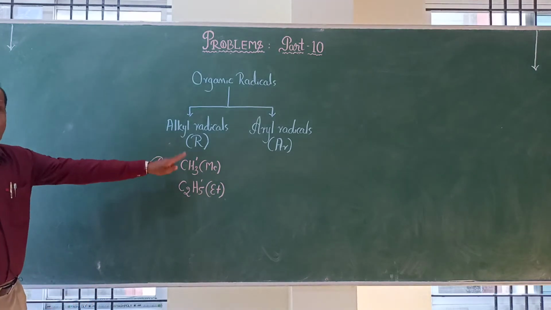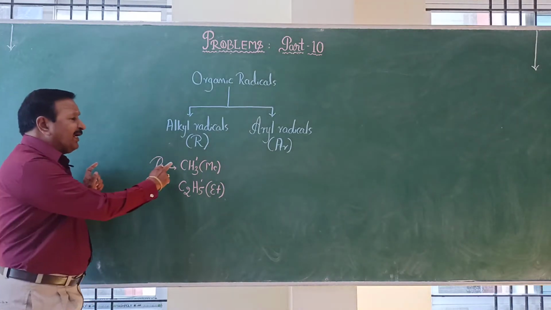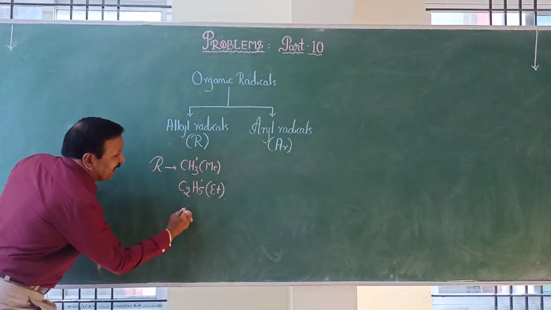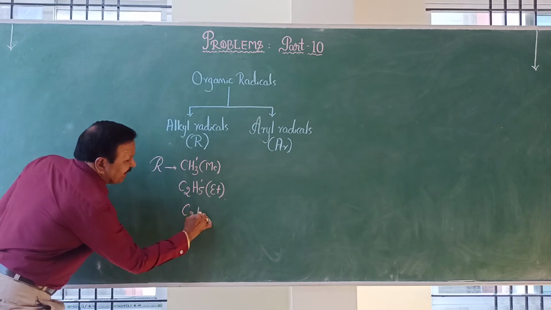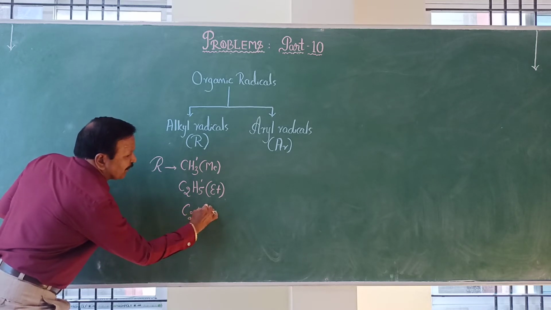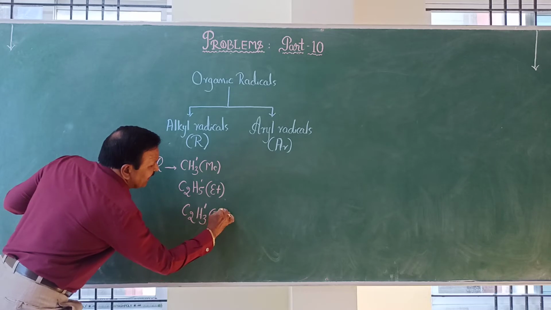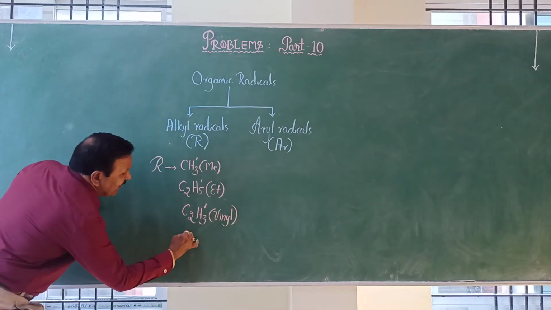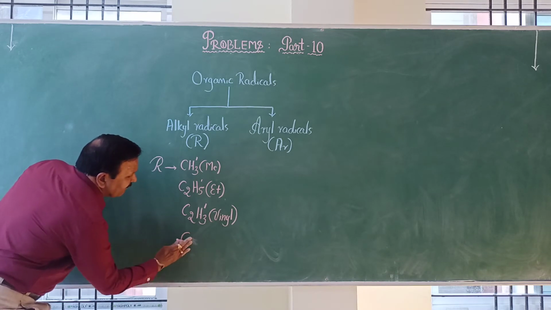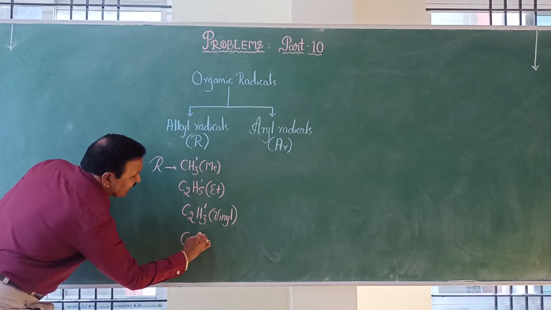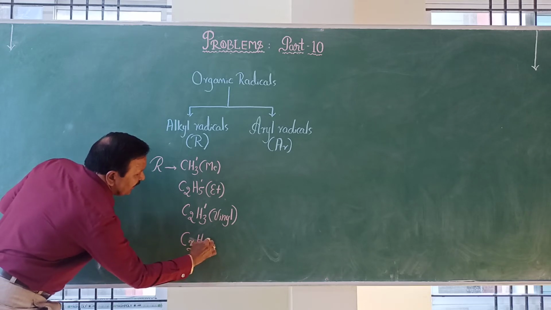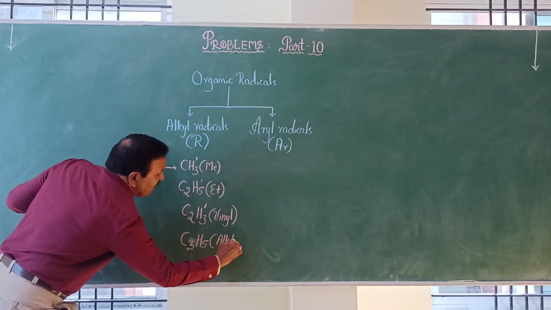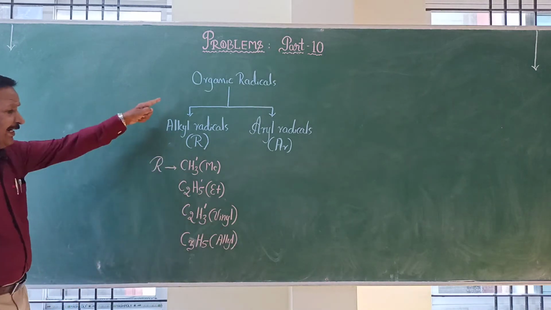Propyl, PR, butyl, but usually these two are more than sufficient for you. And if you want alkenyl, C2H3, this is very important for you. This is vinyl radical, and then C3H5, that is allyl radical. So remember these four alkyl radicals.